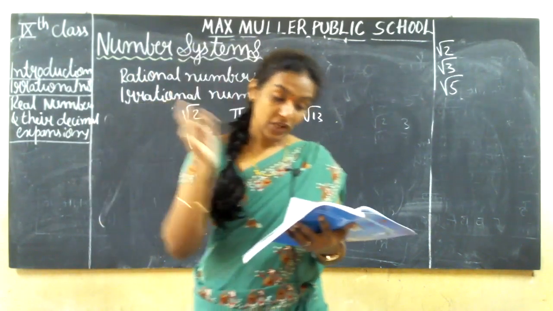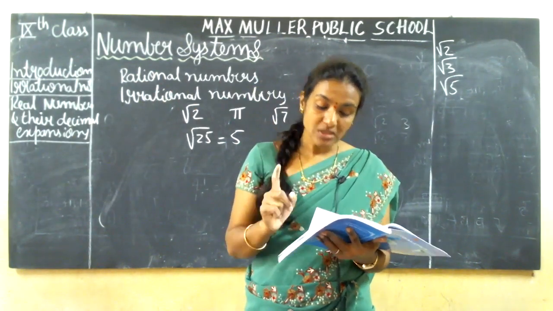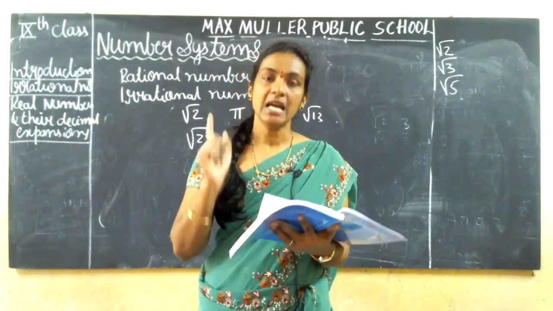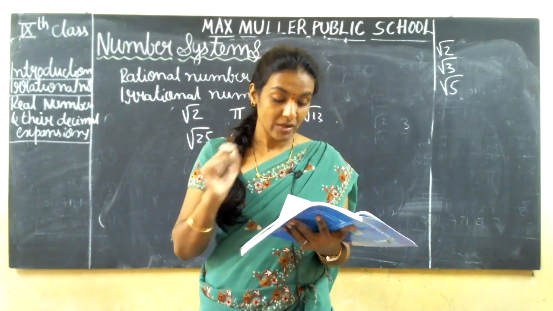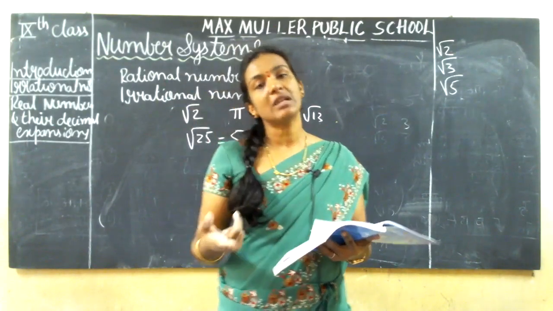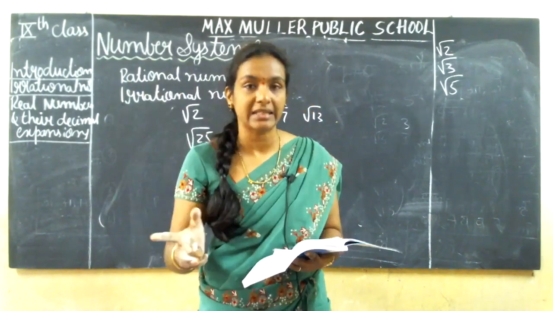If you get 0 in the remainder place, those are terminating decimals. If you never get a 0 in the remainder place, those are non-terminating. And another one will come: non-terminating recurring.